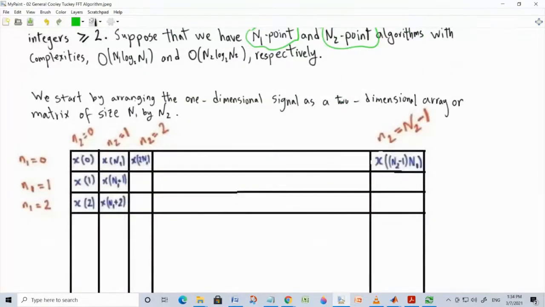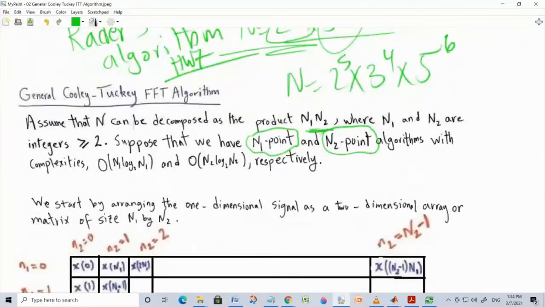Now your data is of size n, where n is n1 times n2. You will do something here that is seemingly strange. You will think of your data as if it's two-dimensional. So n is n1, n2.